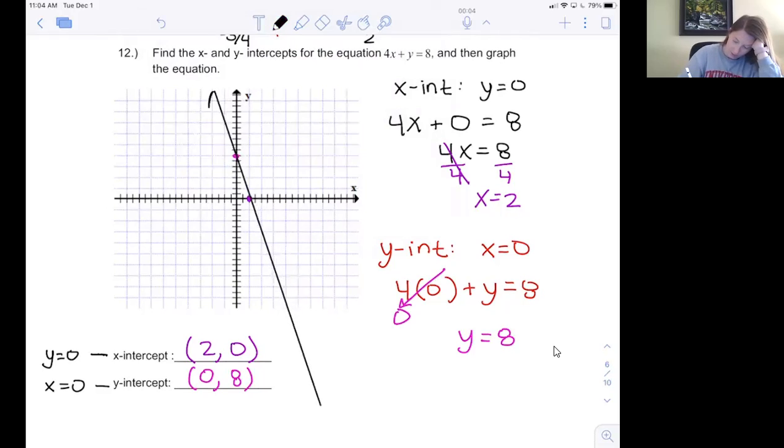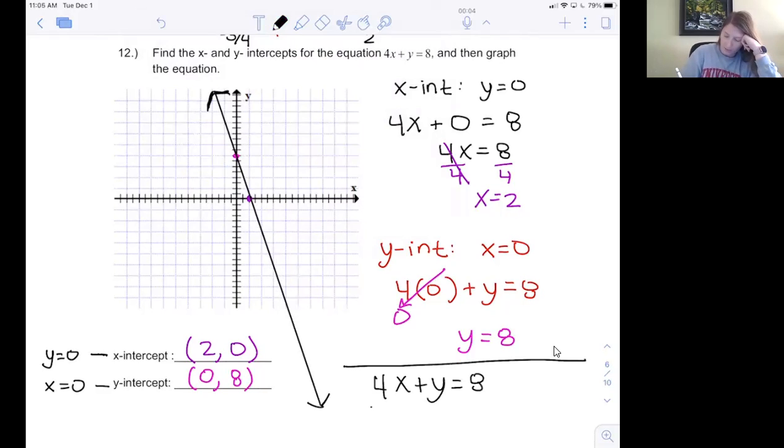So really quick, I'm just going to show you quickly. I have this 4x plus y equals 8. If I were to solve for y, I would just subtract 4x from both sides. So I would have y equals negative 4x plus 8.